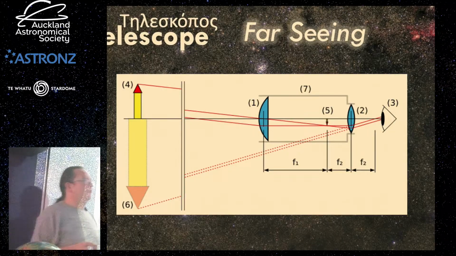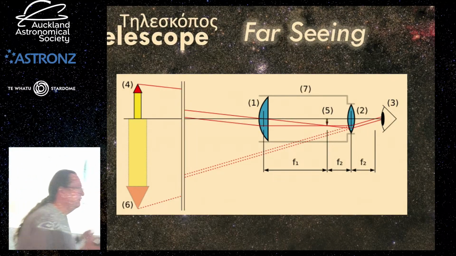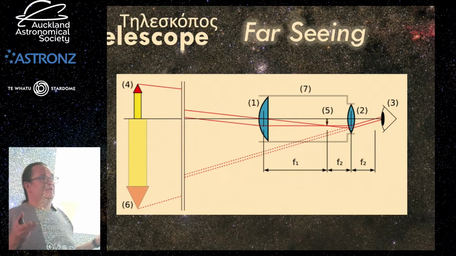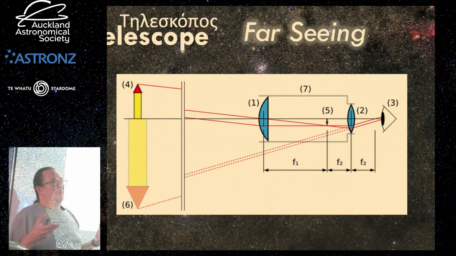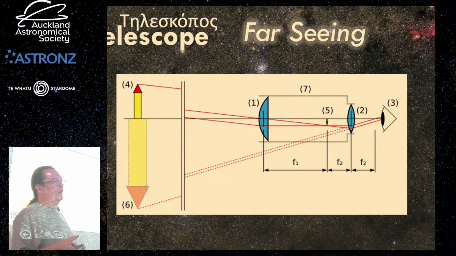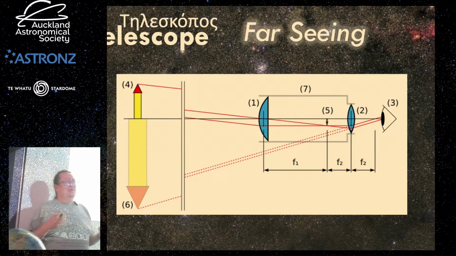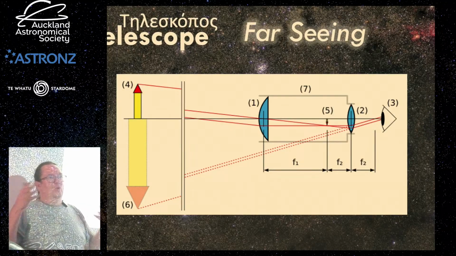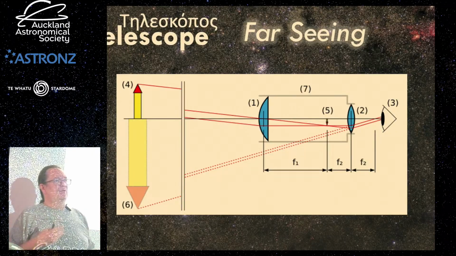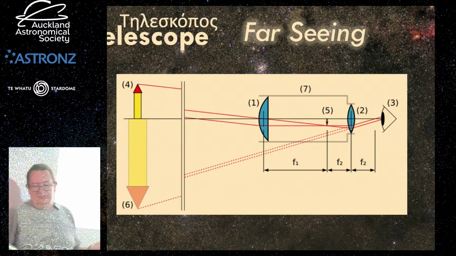Your dark-adapted pupil is probably 7 millimeters in your eye, and if you get a relatively small telescope, maybe 70 millimeters, that's capturing about 100 times more light than your eye can. So the important thing about a telescope is not that it makes things bigger, it's that it makes things more visible. It takes things that are too far away for us to resolve with our eyes, and makes it easy to resolve.